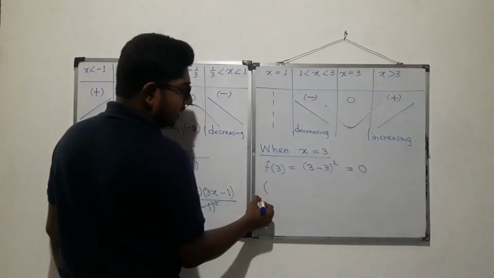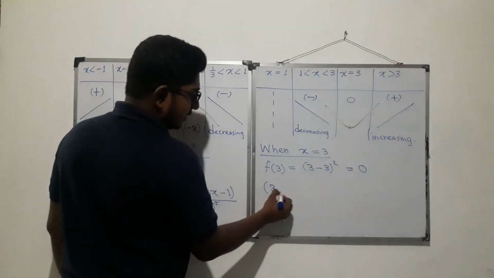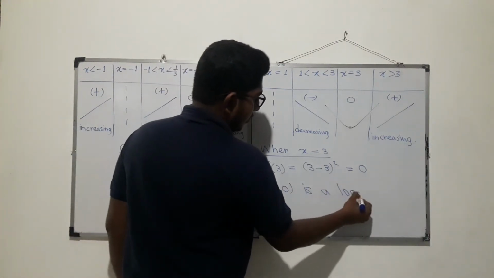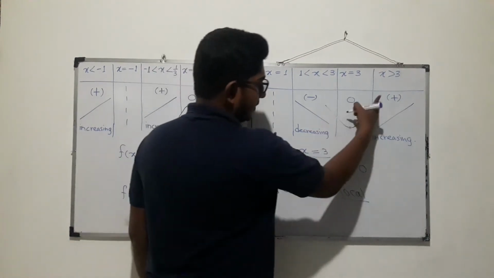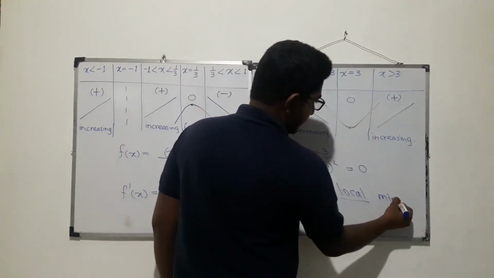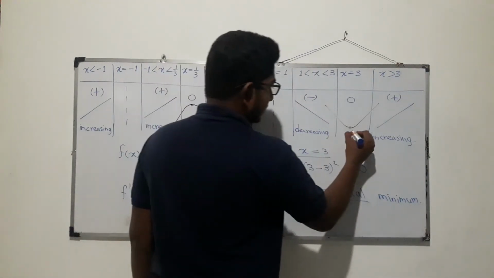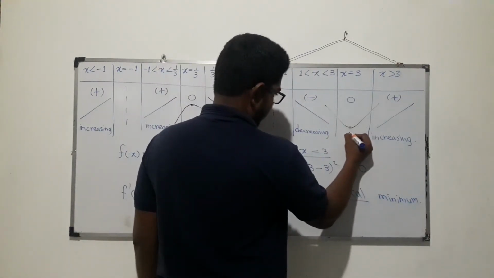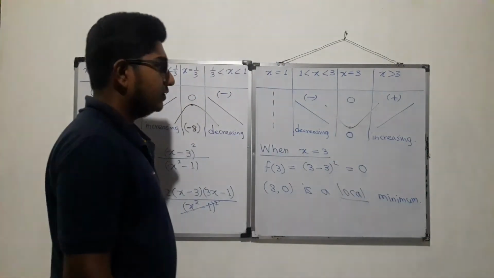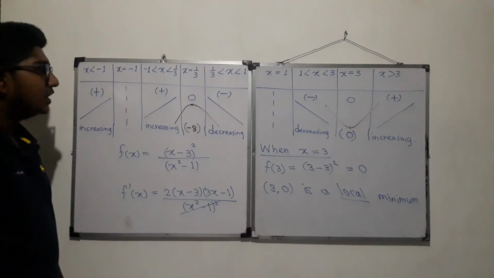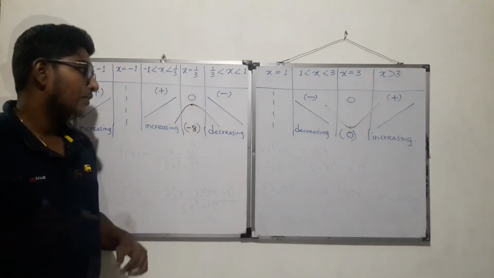Therefore, coordinate (3, 0) is a local minimum. So at 0 we got the local minimum. At minus 8 we got local maximum.